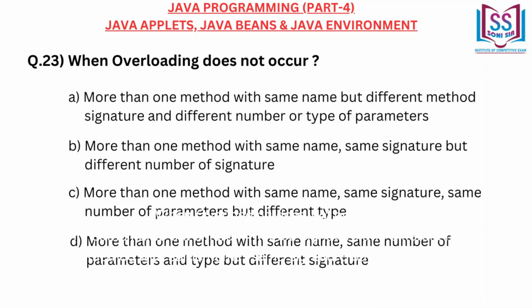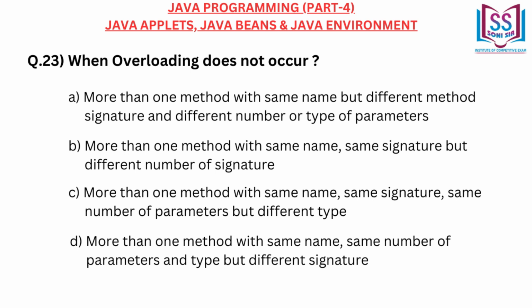When does overloading not occur? A. More than one method with same name but different method signature and different number or type of parameters. B. More than one method with same name, same signature but different number of signature. C. More than one method with same name, same signature, same number of parameters but different type.